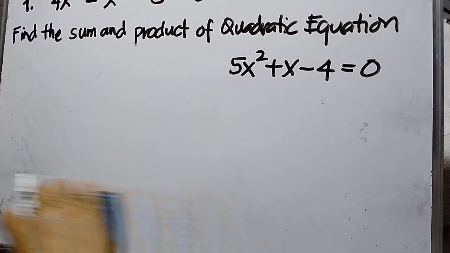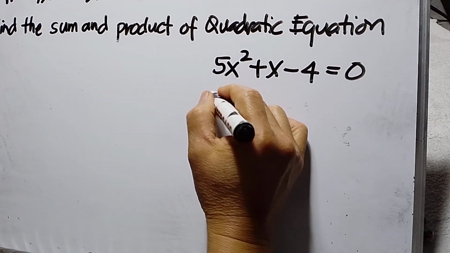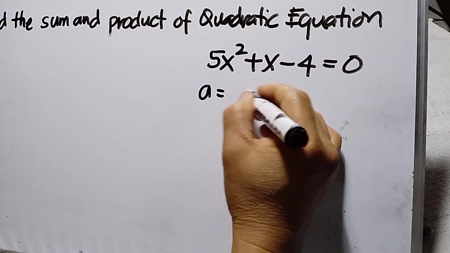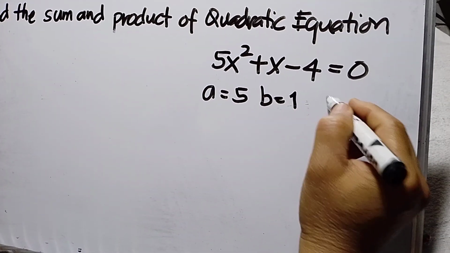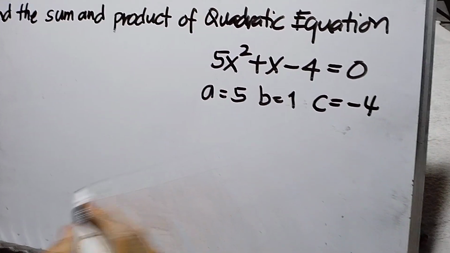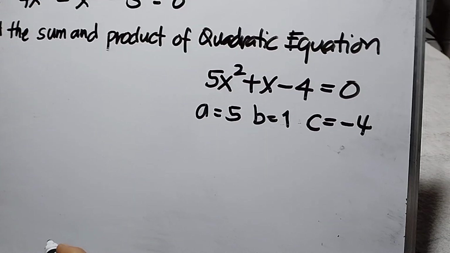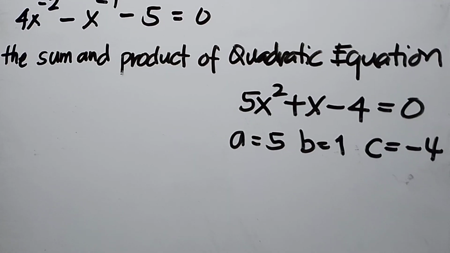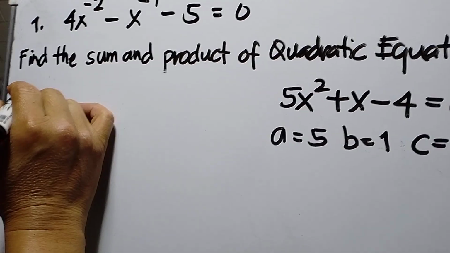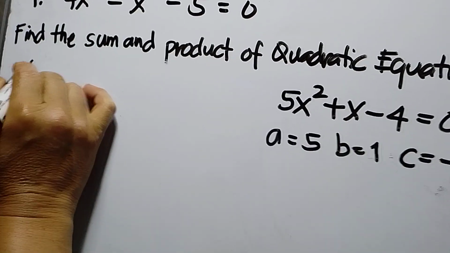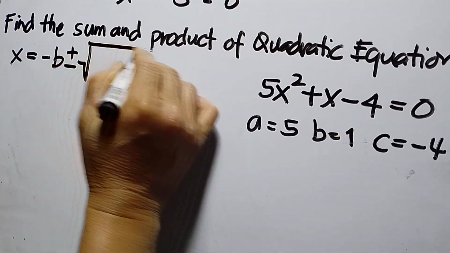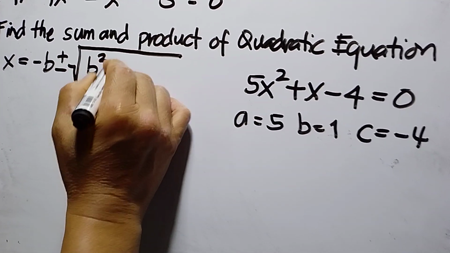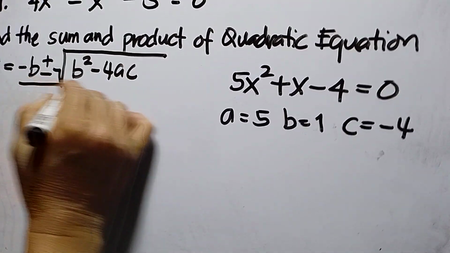So I need to get the a, which is 5, and then b is 1, c is negative 4. By applying the quadratic formula, x equals negative b plus and minus square root of b squared minus 4ac, all over 2a.